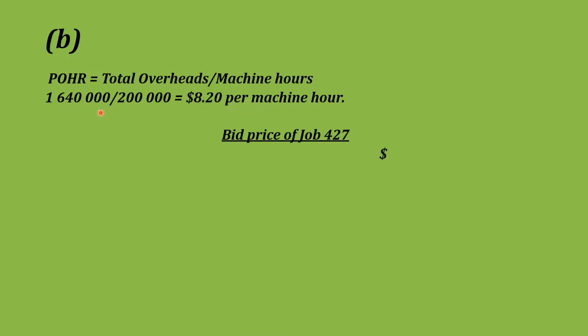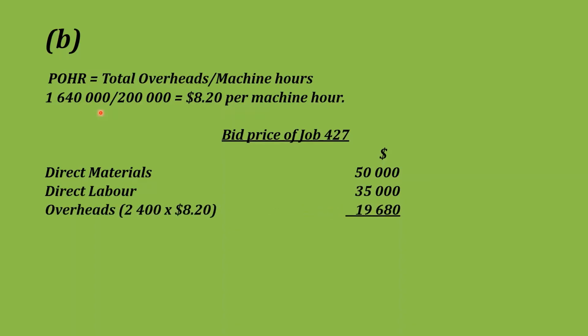We were given the direct materials as 50,000. You may want to pause the video and look back and see where that 50,000 is coming from. And the direct labor is 35,000. The overheads would be 2,400 machine hours by the $8.20 that we calculated up there, giving us 19,680.